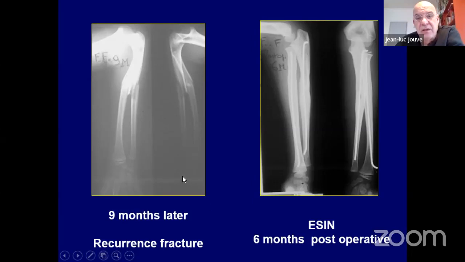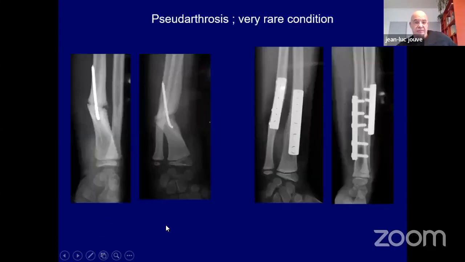It is a classic complication of forearm fracture due to the poor vascularization of the diaphysis. For the treatment of the recurrent fracture, we didn't try to do reduction, and we performed intramedullary nailing with a good result.